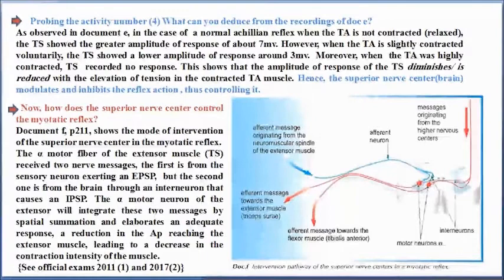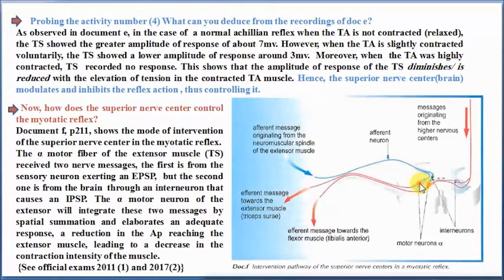First, in case of the normal Achillean reflex, when the superior nerve center does not interfere, that is, when the flexor, the TA, the tibialis anterior, was not contracted, the alpha motor neuron of the extensor muscle is going to receive only an excitatory message coming from this afferent pathway.